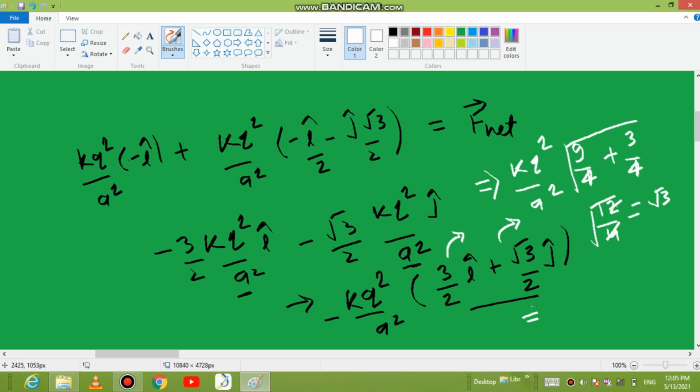So resultant magnitude will be kq square upon a square root 3 times. This is resultant force only magnitude, but this is resultant force with direction.